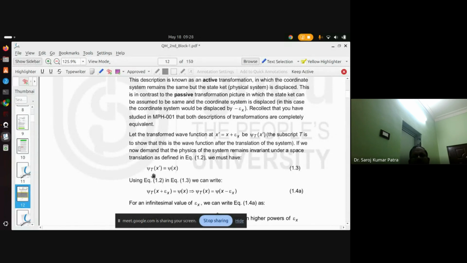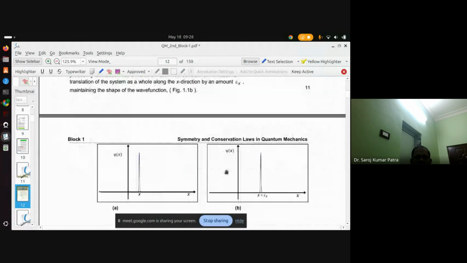So psi t at x prime must be equal to psi x. Why? Because under symmetry, the system must remain invariant. There should not be any change in the wave function. That is what we have claimed here.